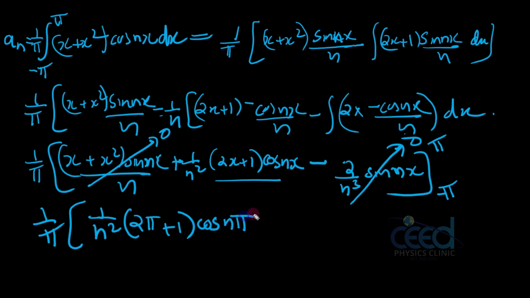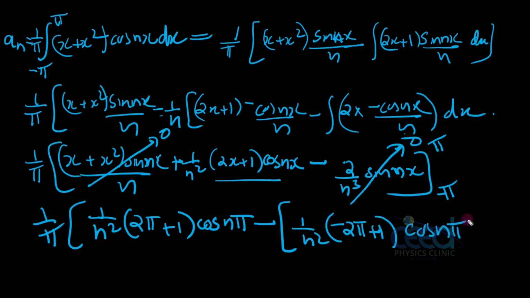Cos n pi, and when I am giving minus pi here, this term will become, minus of upper limit minus lower limit, that is again 1 by n square into, okay, so I can give a bracket like this, minus 2 pi plus 1 into cos of minus pi, that is cos pi. So again cos n pi. So we have substituted the values, and now we are expanding this.